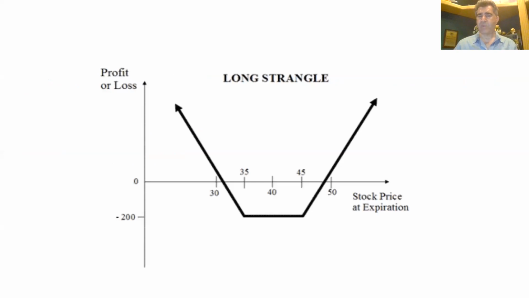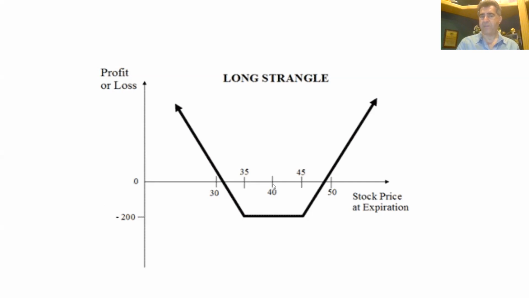So basically what it does, with a strangle, if you recall, we had, let's say at the money, we bought a put and call at $40. With a strangle, what you do is buy out of the money calls and puts, and you try to have them equal distance. So I buy a call of 45 and I buy a put of 35. Both of these are out of the money.